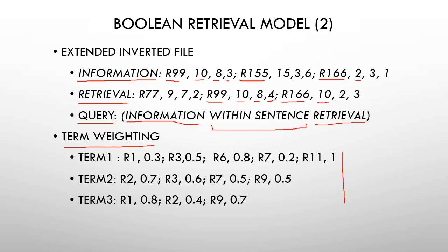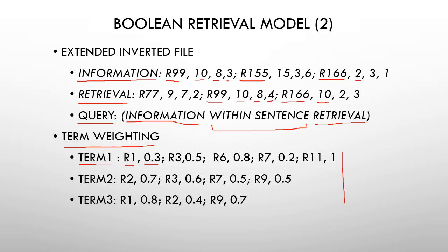If a particular term appears in a particular document once, then the weight is 0.1. If it appears 3 times, then the weight is 0.3. So for example, here term 1 appears in record 1 with weight 0.3, so it means it appears 3 times in record number 1.